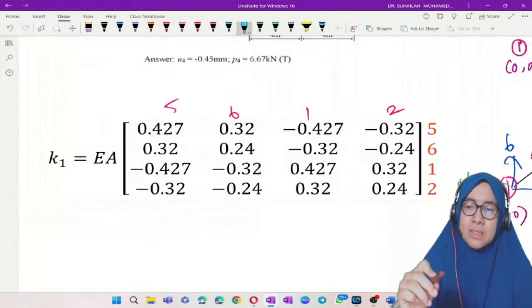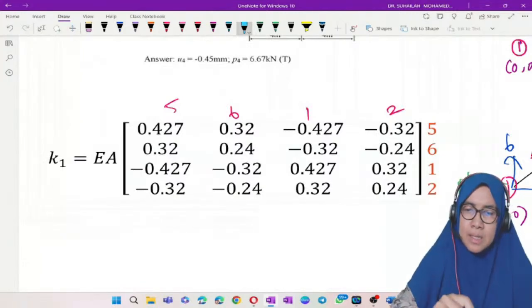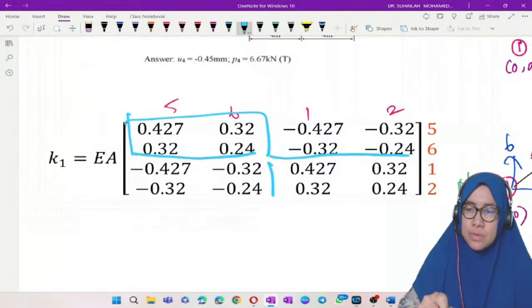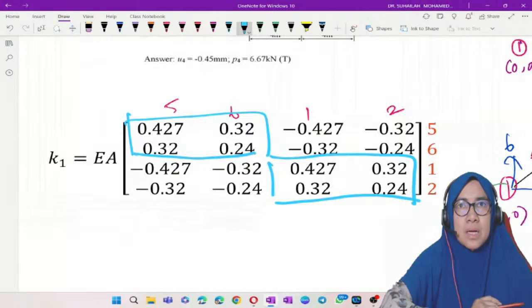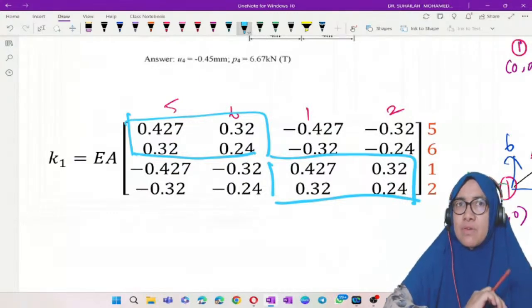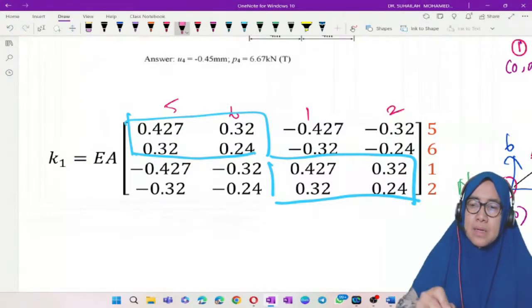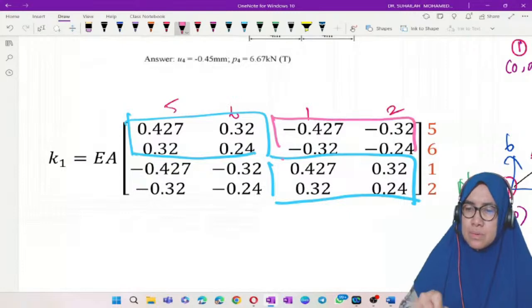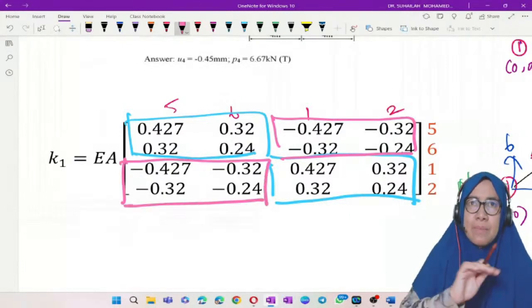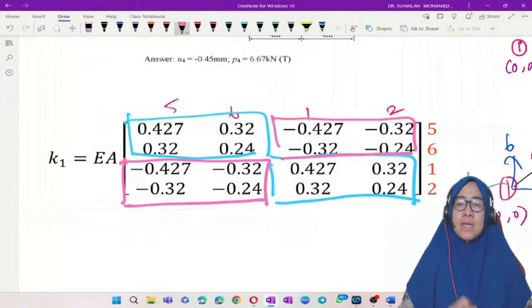For the truss, make sure this 4 value equals this 4 value inside all element stiffness matrices. And this 4 value equals this 4 value, the same but negative.